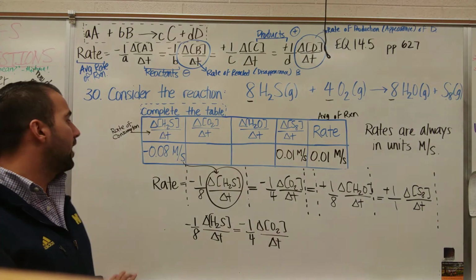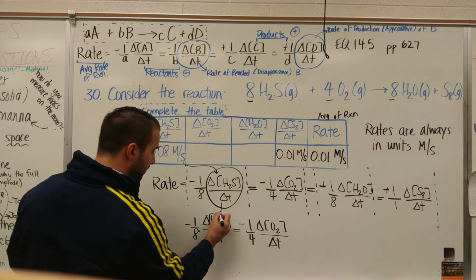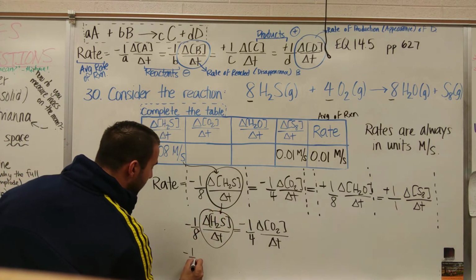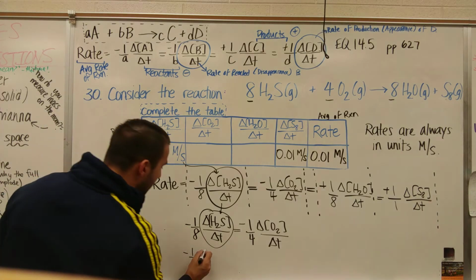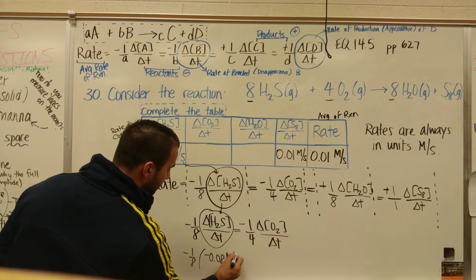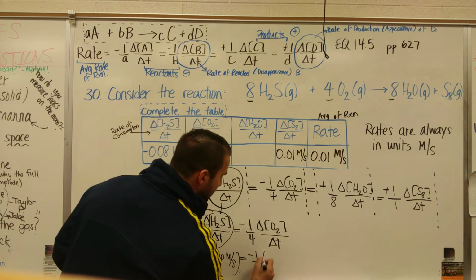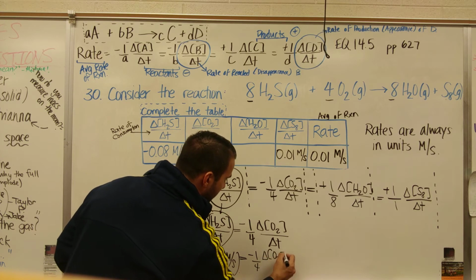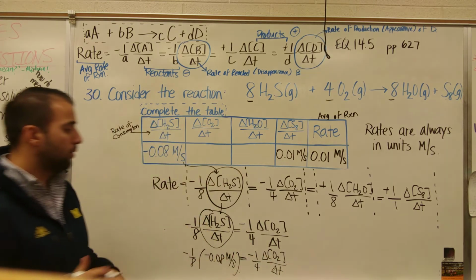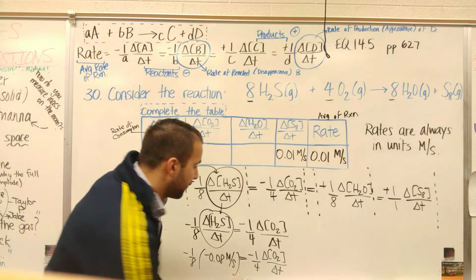But let's say I didn't know that. I'm going to plug in this number of 0.08 to here. This is negative 0.08. So I'm going to do negative 1/8 times negative 0.08 molar per second equals negative 1/4 times the change in the concentration of O2 over the change in time. Now I have to somehow solve for this.